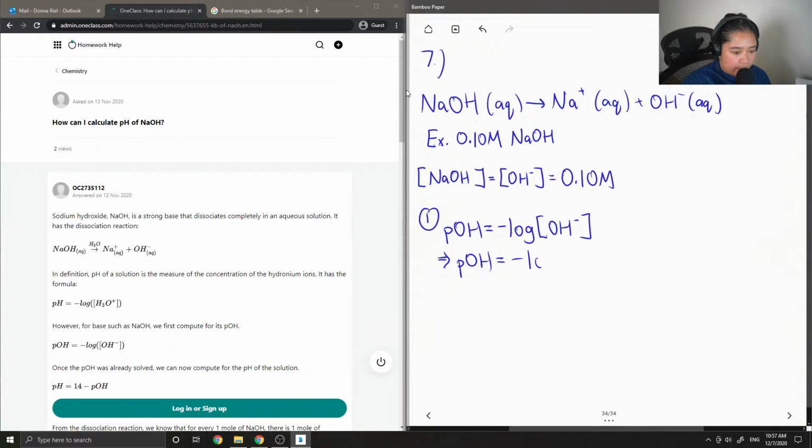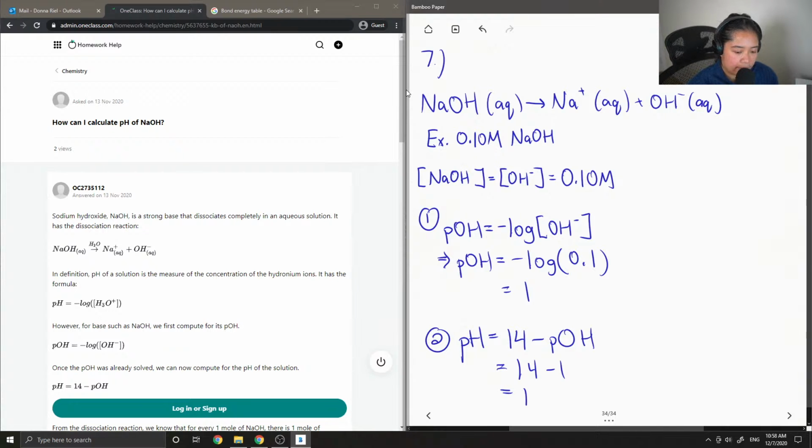So plugging it in, negative log of 0.1 is just equal to 1. So the second part of the question, to solve for pH, this is equal to 14 minus the pOH value. So 14 minus 1, which gives us 13.